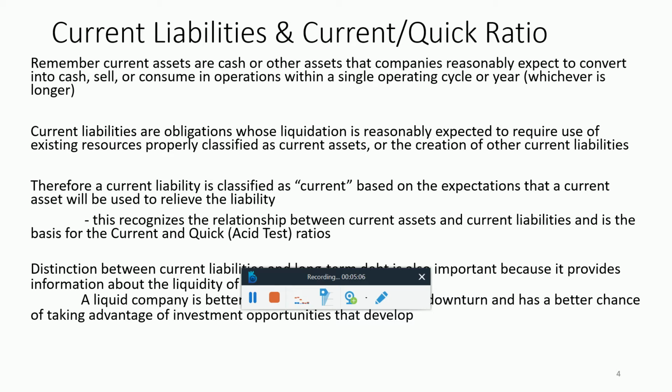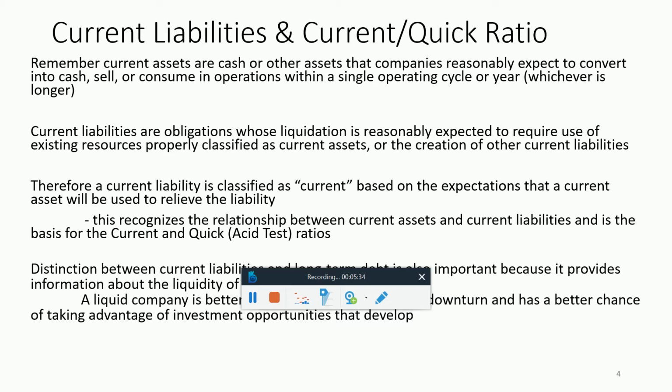We buy goods on account, we create a liability that is accounts payable, and then 30 days, 60 days later, we pay off that accounts payable, usually with cash. Because cash is classified as a current asset, that means that the accounts payable is also going to be classified as a current liability because we're using a current asset to liquidate that liability.